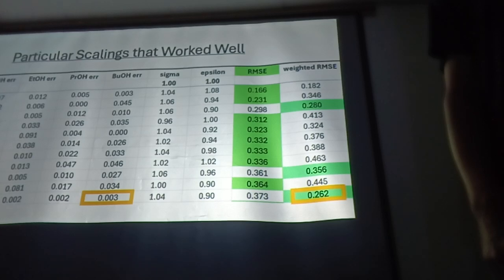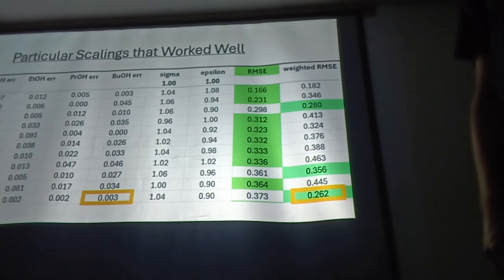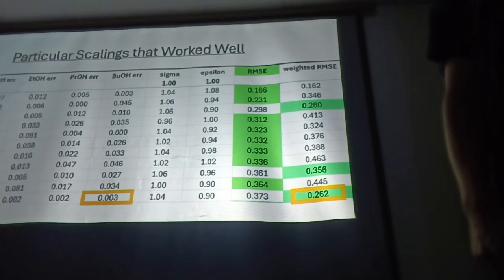The somewhat related question is, why would you expect the scalings to have to be the same in methanol, ethanol, propanol and butanol? I don't think we're necessarily expecting them to behave identically.